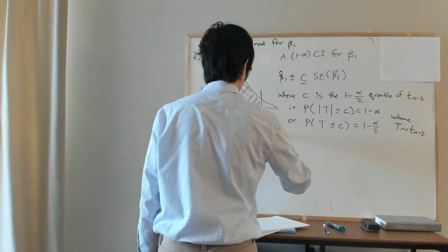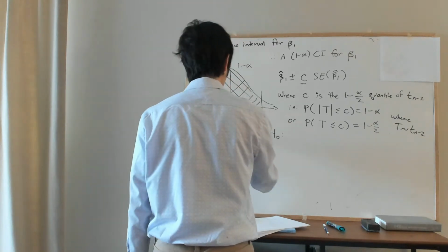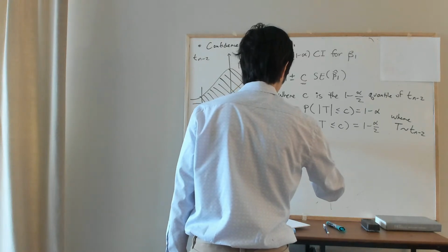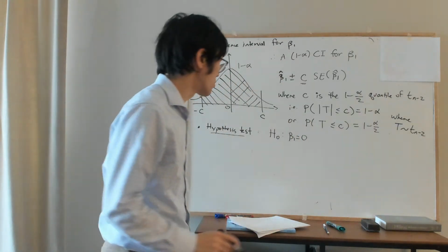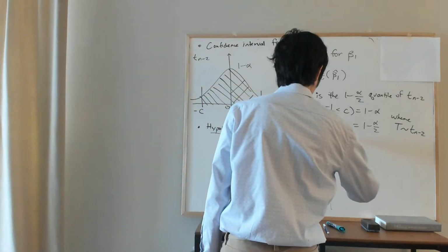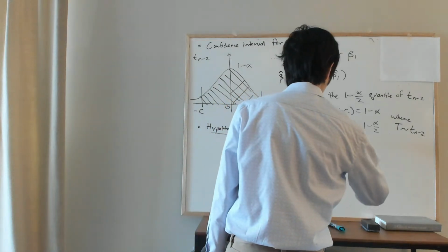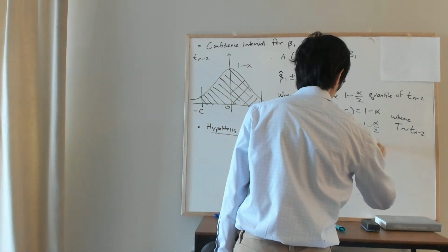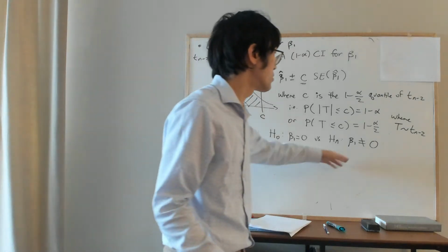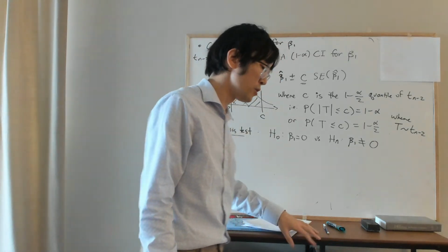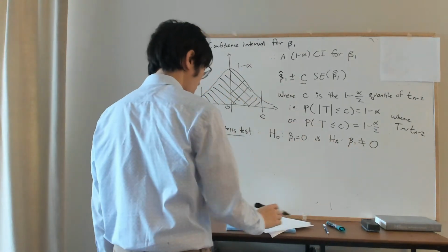We would ask whether the null hypothesis of beta 1 equals 0 is supported by the data or not, versus the alternative, which is that the slope is significantly different from 0, in which case we conclude that there is a non-negligible relationship between x and y.